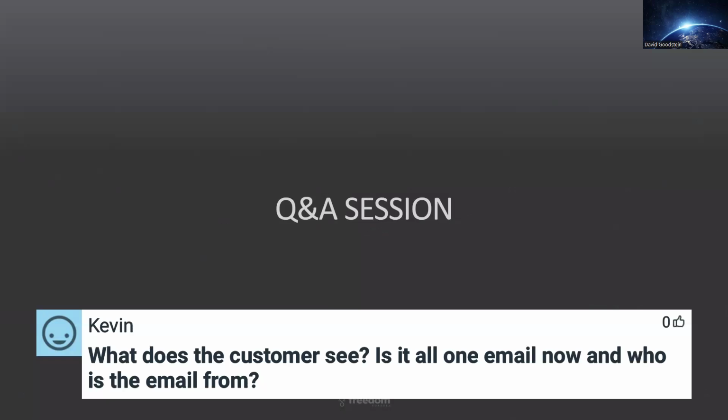Thanks, Kevin. So the customer will receive an email from Freedom to their email inbox, and it'll work the same way that normal Freedom contract signing takes place today. So they'll receive that email from Freedom.